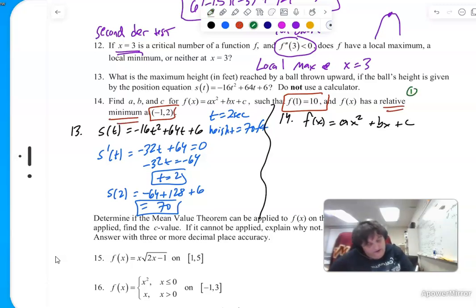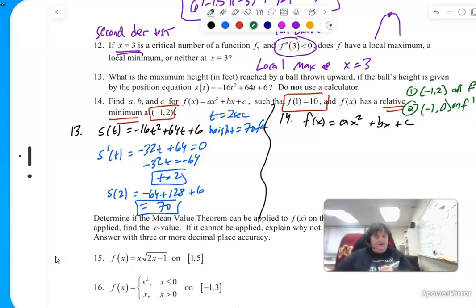Number one, the point negative 1, 2 is on the graph of f. Number two, the point negative 1, 0 is on the graph of f prime, because when I'm taking the derivative and setting it equal to 0, that's what makes it a critical point in the first place.